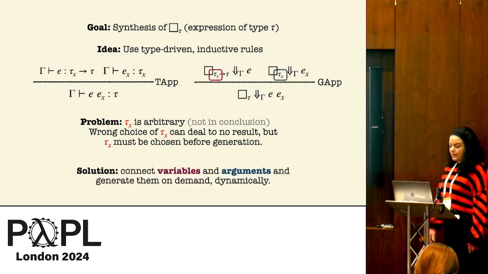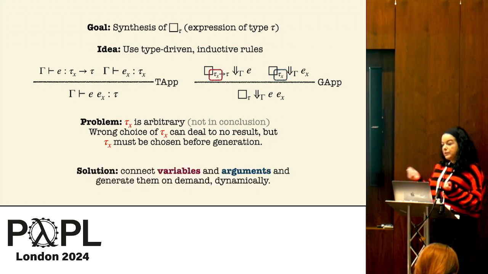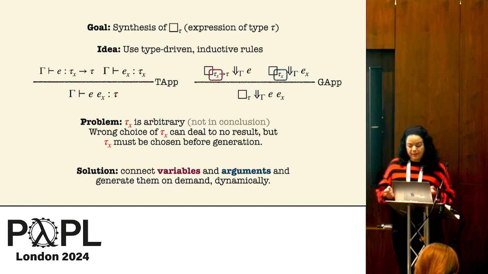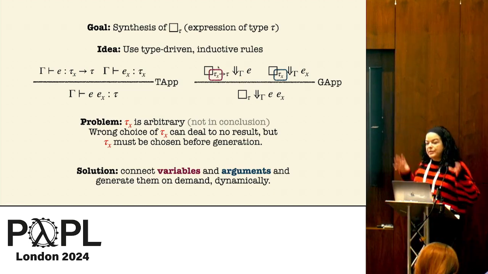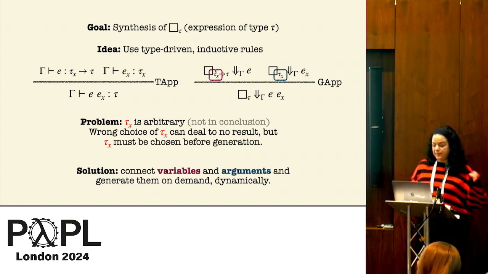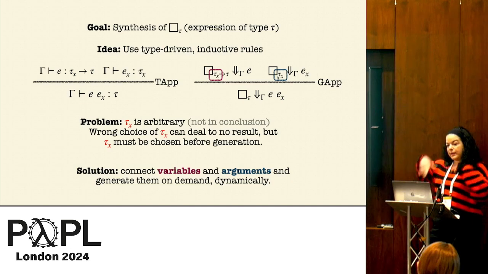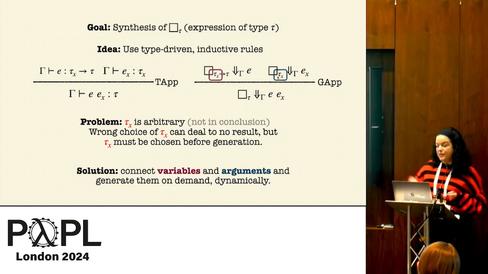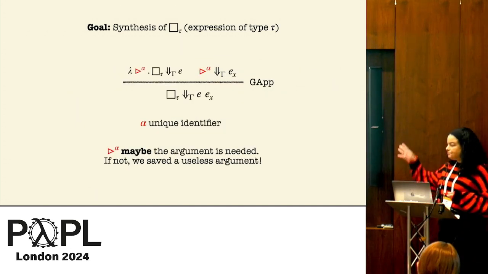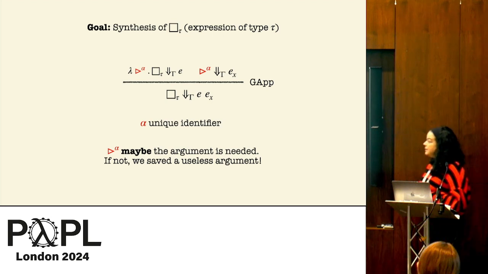And the idea to address this problem is that they say I don't really want to choose a Tx, I can just use some naming to say that this is a variable, this is an argument, and I name them. And on demand, as the synthesis goes on, I can decide if I want to generate this or not. So they use something like this.